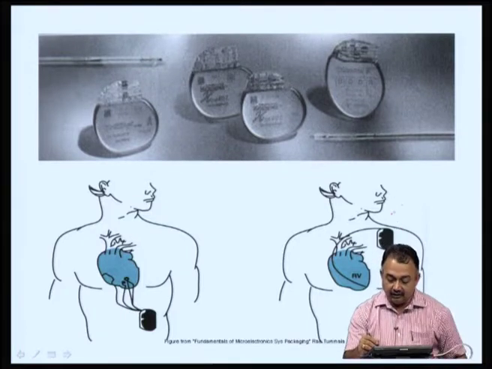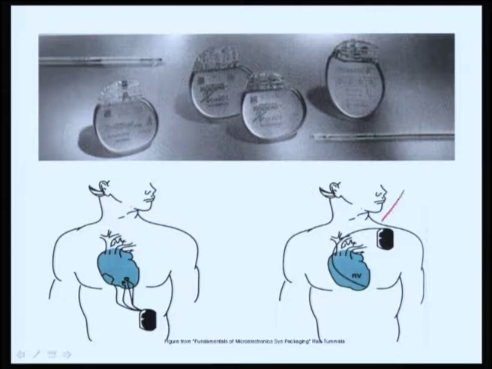So, these are devices that are implanted into the human system close to the location where it needs to be monitored, like your heart. The surgeon decides where to implant it depending on the size of the system and the nature of the disease.